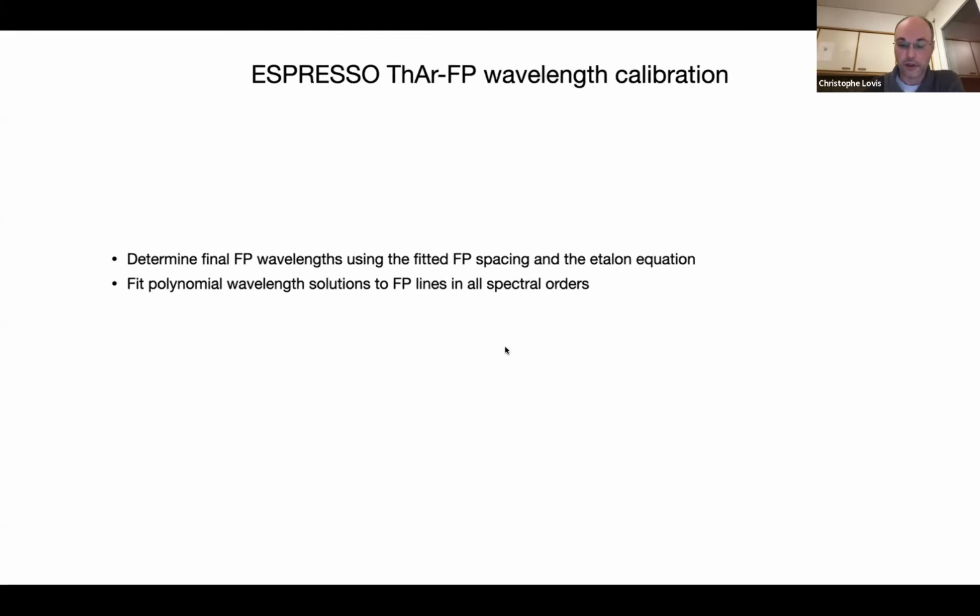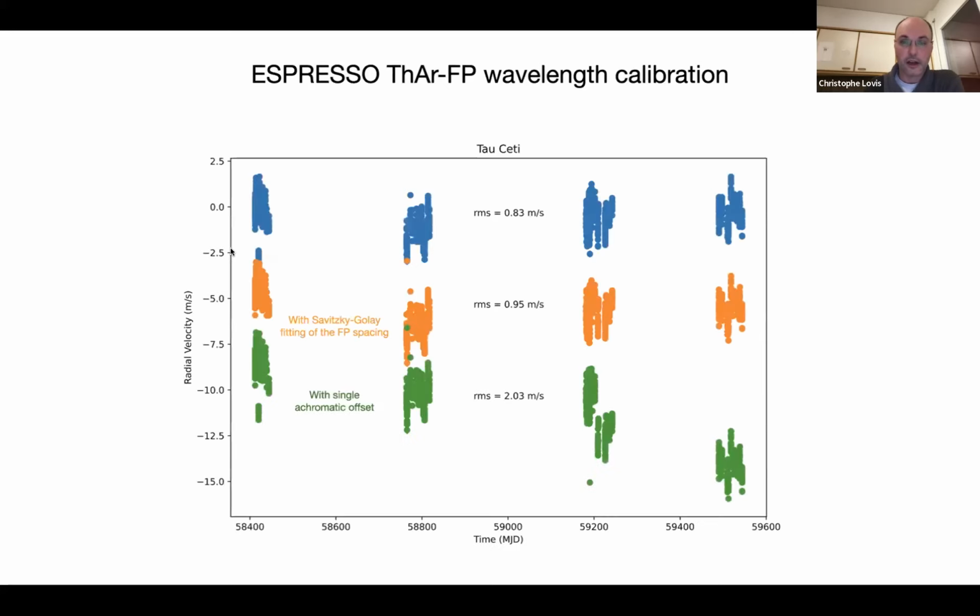But otherwise that's it. Just to show you the impact on ESPRESSO, this is tau Ceti. I think I showed this plot already yesterday. In green, you see the data before we implemented the Savitsky-Golay fitting. Before, we were just fitting a single achromatic offset to the FP spacing.